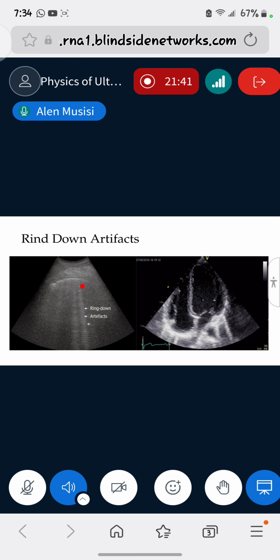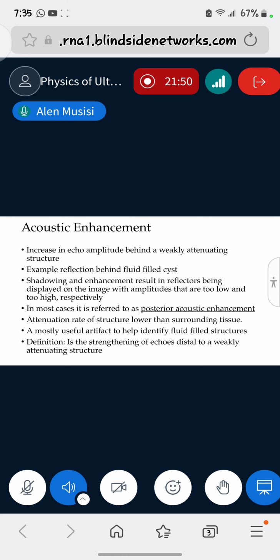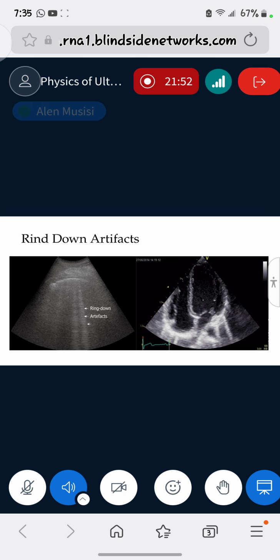So you see them here. This one, okay, it's not good enough. Do I have some other images? I don't have. But you can Google some of the ring down artifacts. You see them on Google, and then you realize that whenever they show you an image showing ring down artifacts, there is gas somewhere which is causing them.